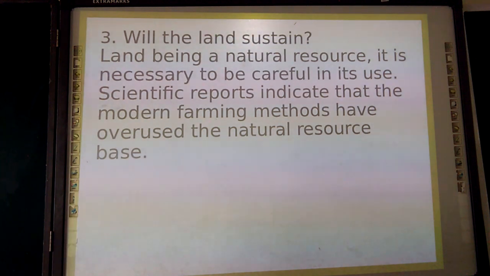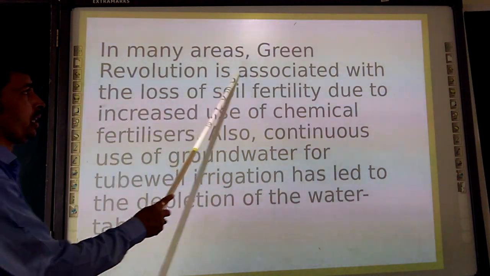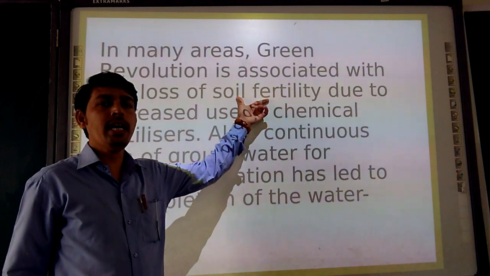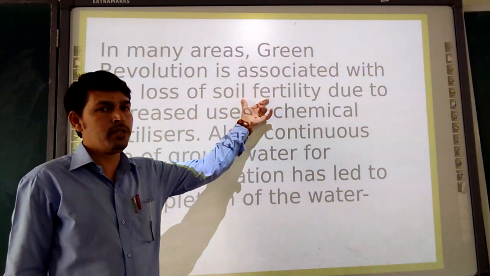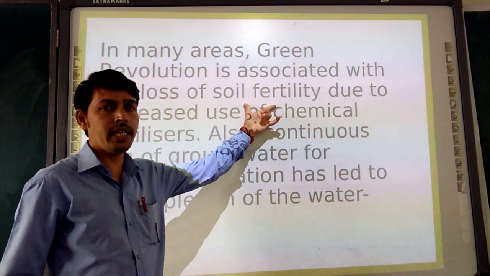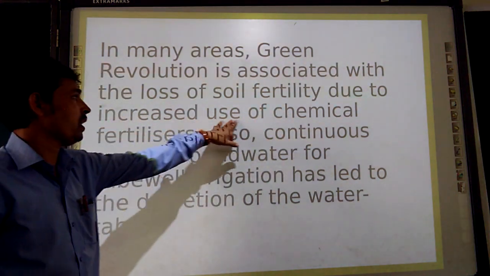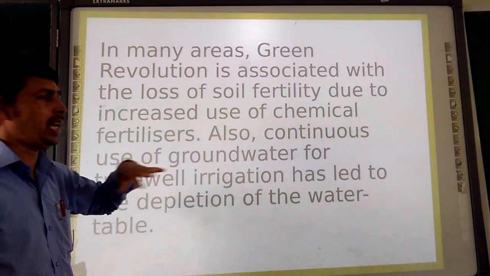So this land is going to be degraded. In many areas, the green revolution is associated with the loss of soil fertility. As I was telling you, the degradation of the soil. Soil is losing fertility due to excess use of chemicals and fertilizers on a particular piece of land.